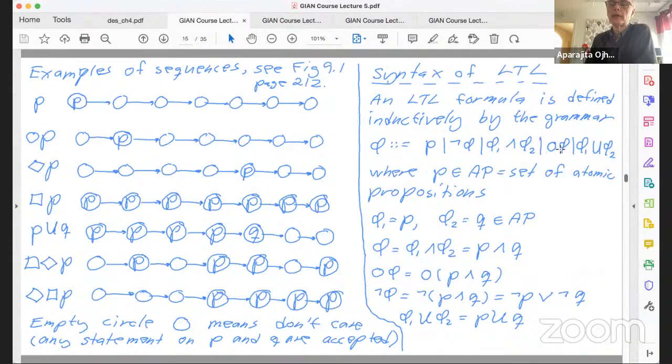And then you also have the next operator, and you have the until operator. In this grammar, we don't define eventually and always explicitly, because they can be expressed as what we call derived operators.